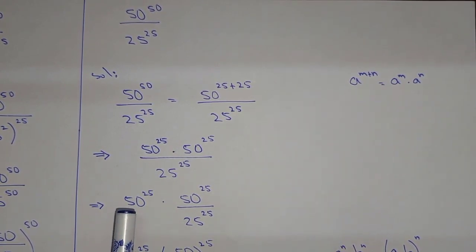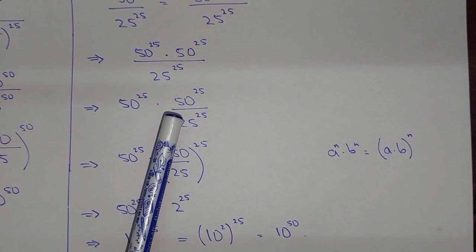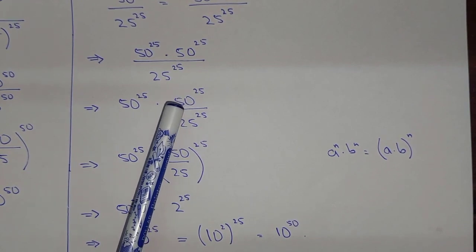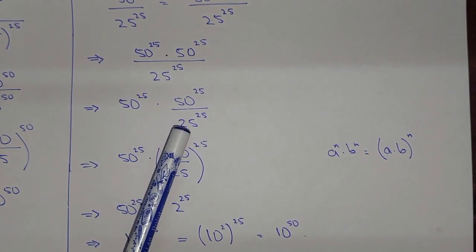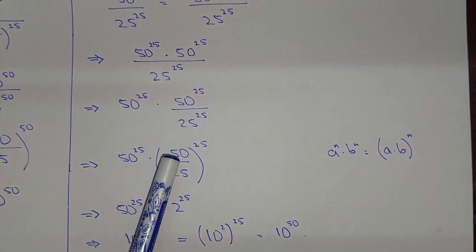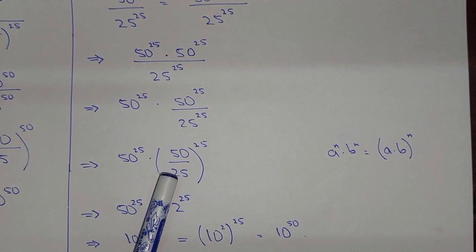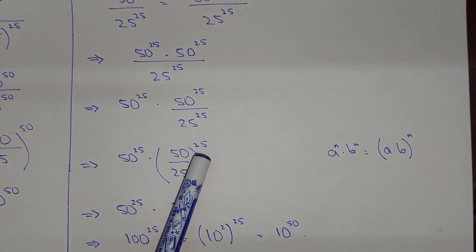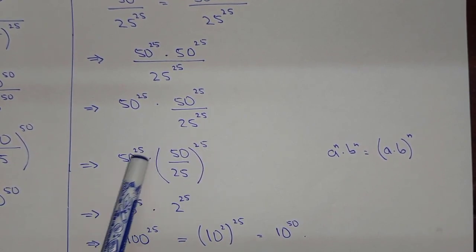So here we have 50 power 25 into 50 power 25 divided by 25 power 25. Now you can see that we have the power same in the numerator as well as in the denominator. So we can write this as 50 divided by 25 whole power 25 into 50 power 25.